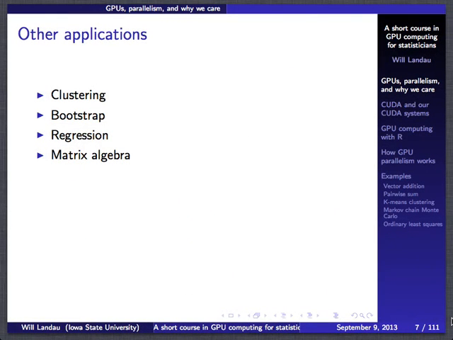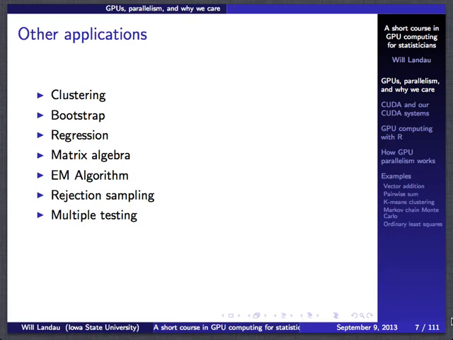Like I said, matrix algebra goes along with regression. EM algorithm, we already saw the speed up in a Bayesian EM algorithm, but frequentist EM algorithm can be parallelized too. There's rejection sampling, obviously, it goes along with the speed at which you sample a lot of random numbers in parallel.